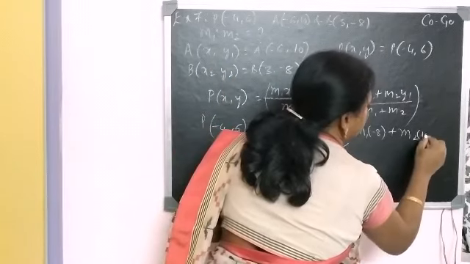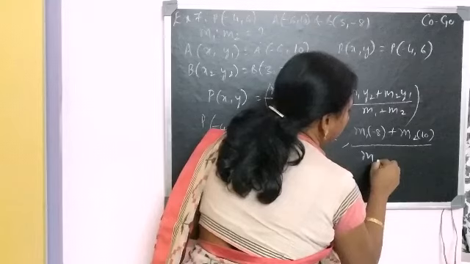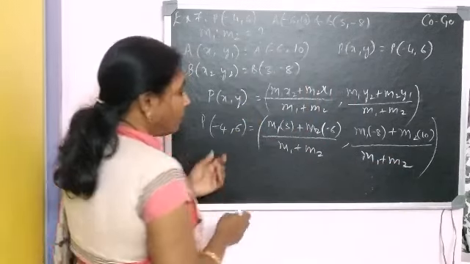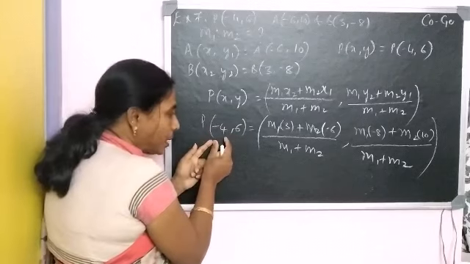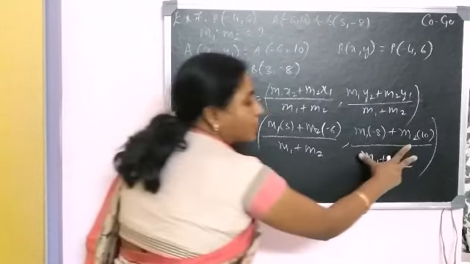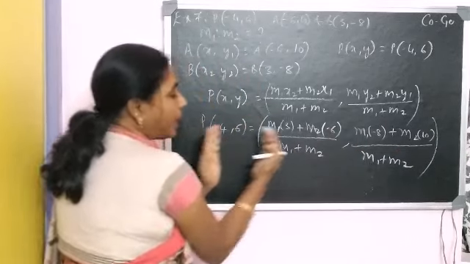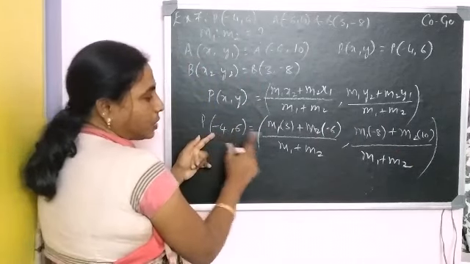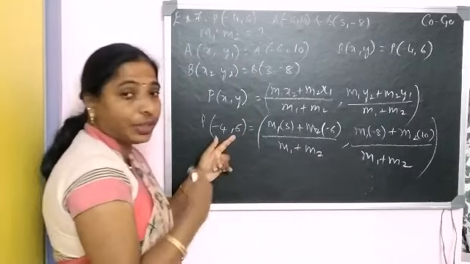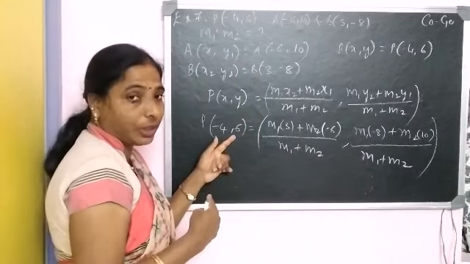Let us substitute that, divided by m1 plus m2. So here you can check that this minus 4 is equal to this much and this 6 is equal to this whole thing. So we can compare these two, that is minus 4 is this one and 6 is equal to this one. We have to take them separately and find out m1 and m2.